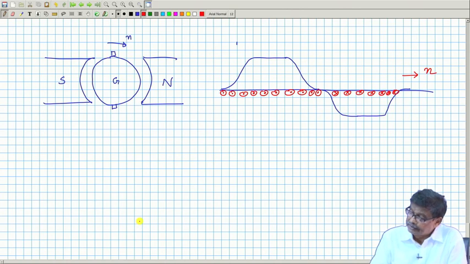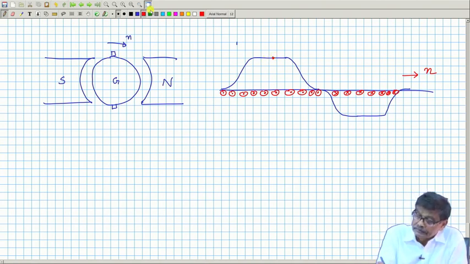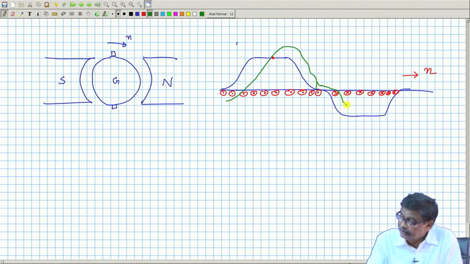The resultant field after adding the armature MMF to this one will be shifted. That is what we got. It will be somewhat shifted. There will be a q axis flux present and things like that.